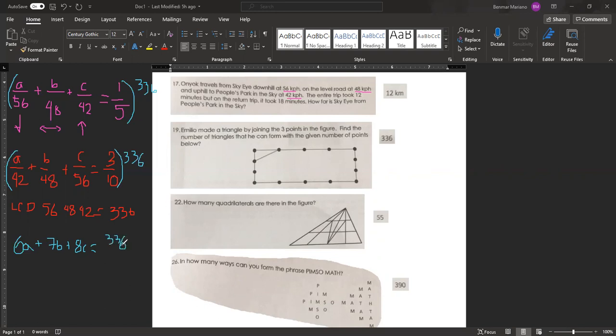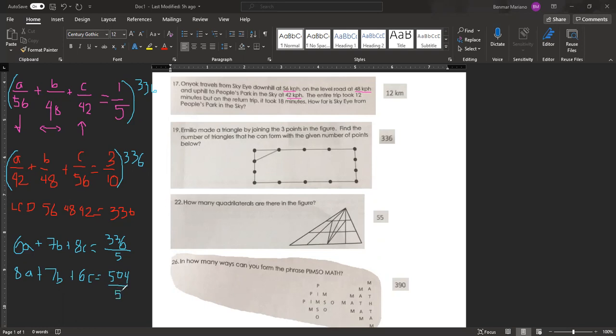Same thing with the second equation. That will be 8A plus 7B plus 6C is equal to 504 over 5. So where did I get 504 over 5? I simply multiplied 336 by 3 over 10.